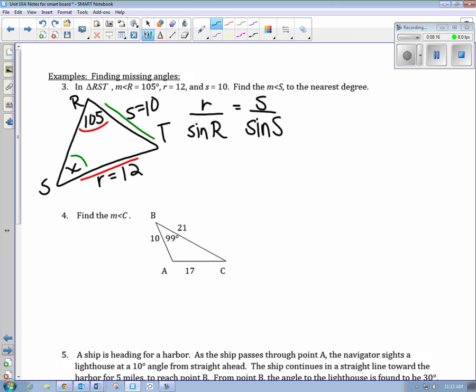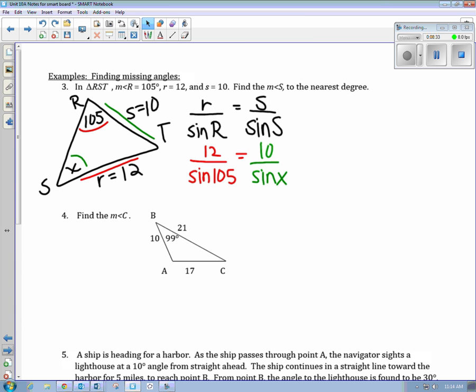So I'm going to substitute in what I know. This is 12 over the sine of 105 equals 10 over the sine of x. If you're using an x, just make sure it's labeled in your picture. And then I'm going to cross multiply. So I end up getting that the sine of x equals 10 sine 105 divided by 12.